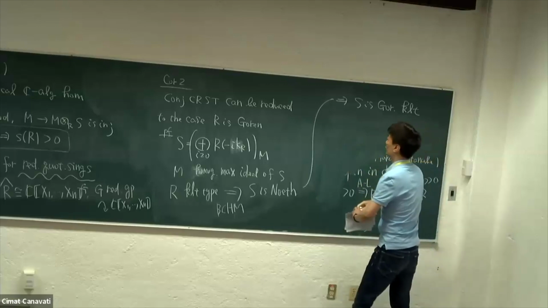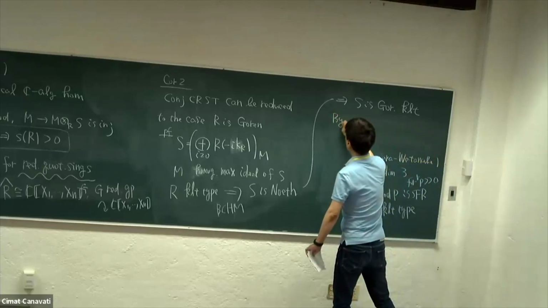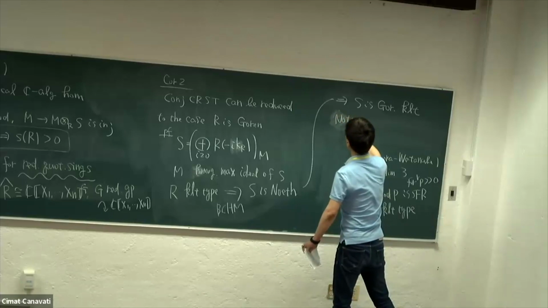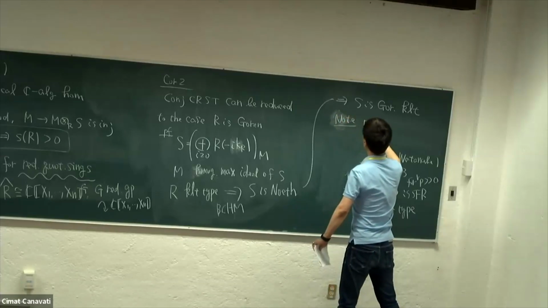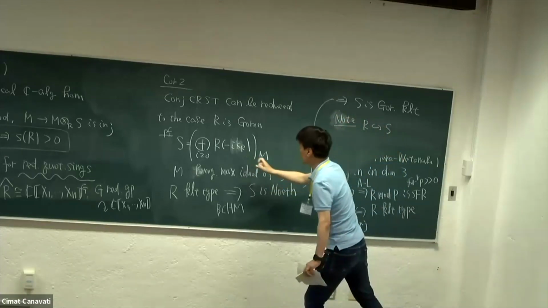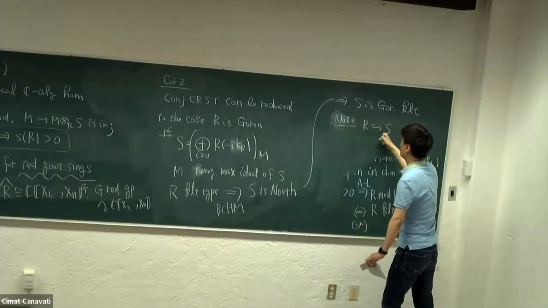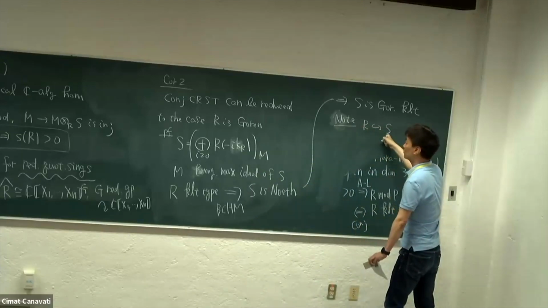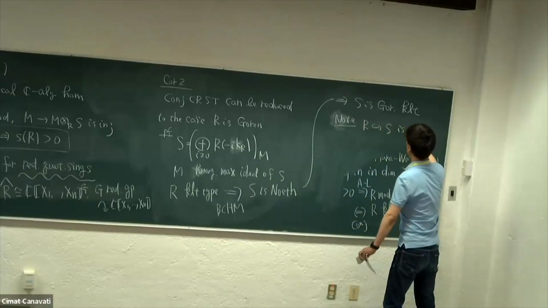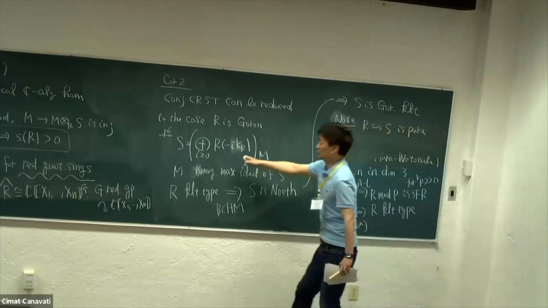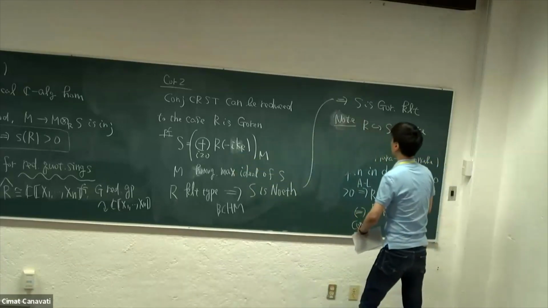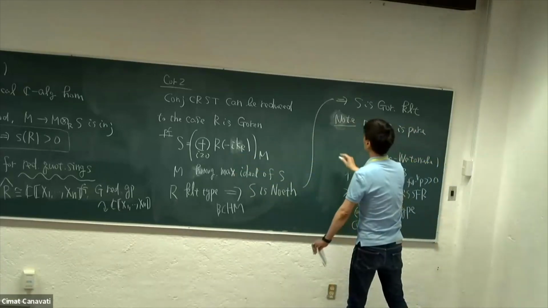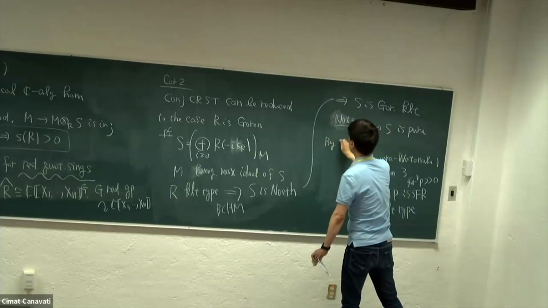Note that from R to S we have a natural inclusion, and this is pure. Then we can apply the main theorem.